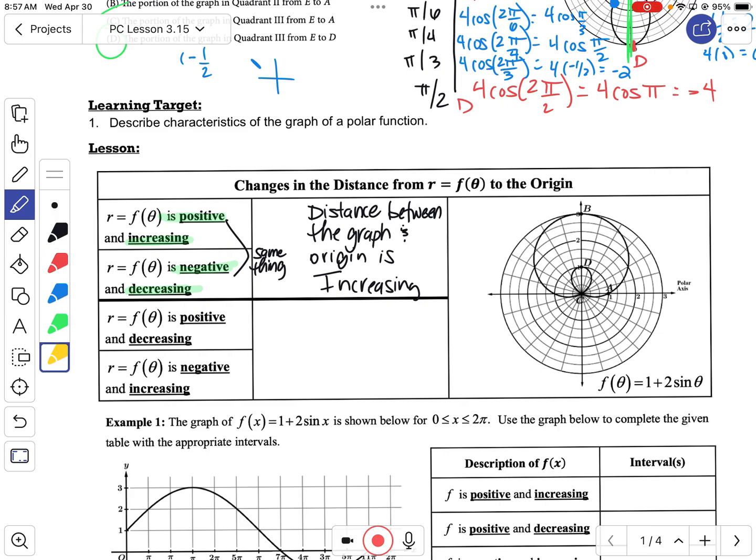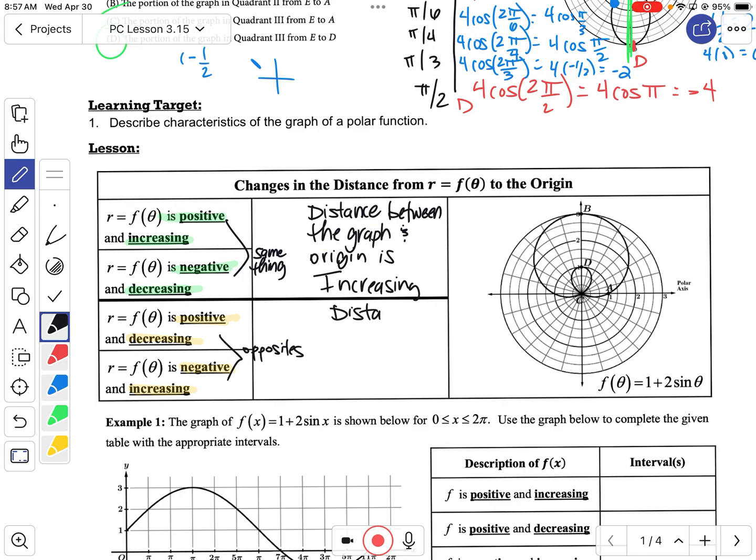If we look at the next 2 thoughts, we talk about being positive and decreasing, or negative and increasing. I would say those are opposites of each other. They're opposite descriptors. To be positive, we wouldn't think we would decrease, okay? So if we have opposites, the distance between the graph and the origin is decreasing.